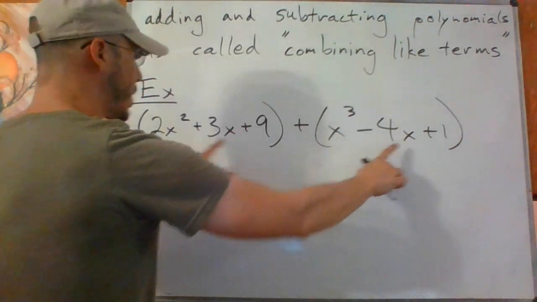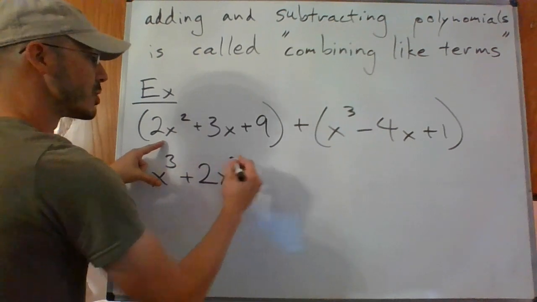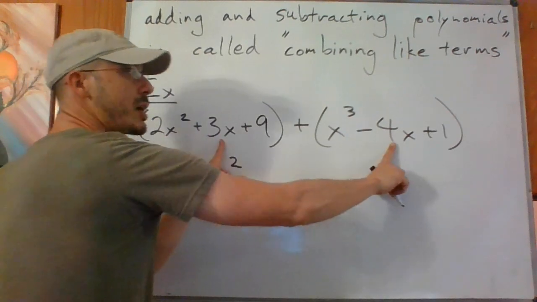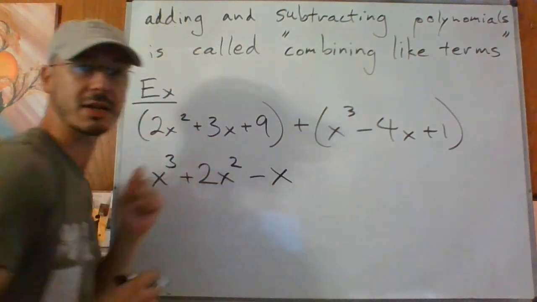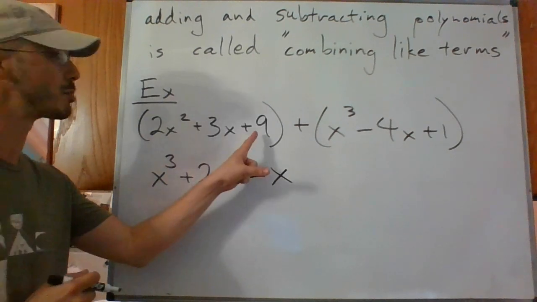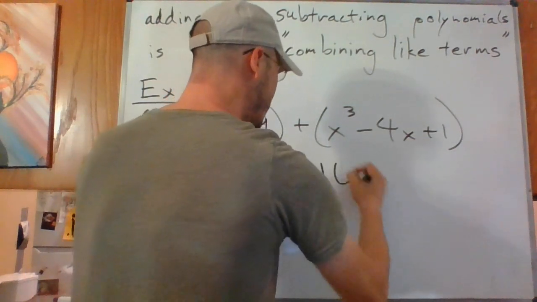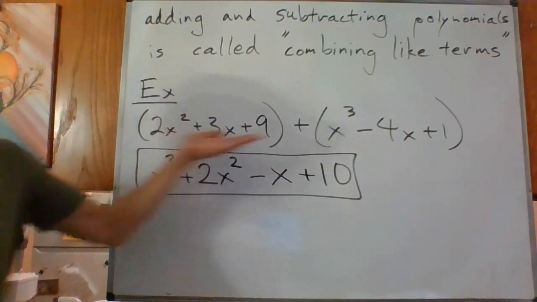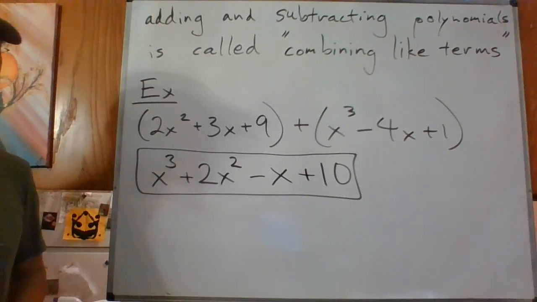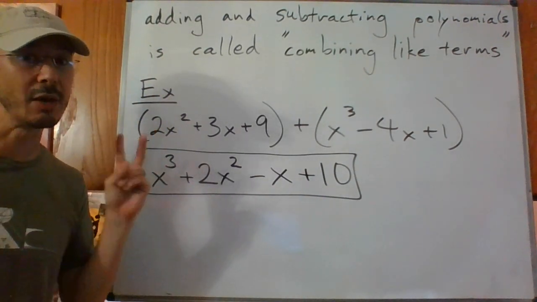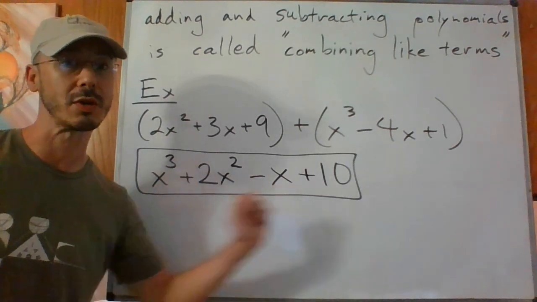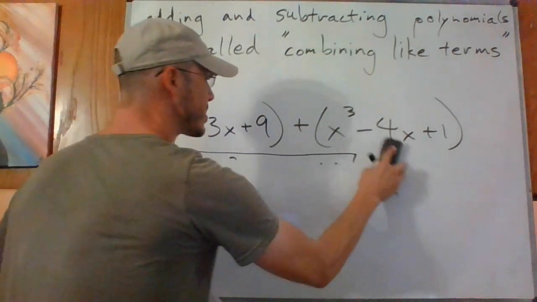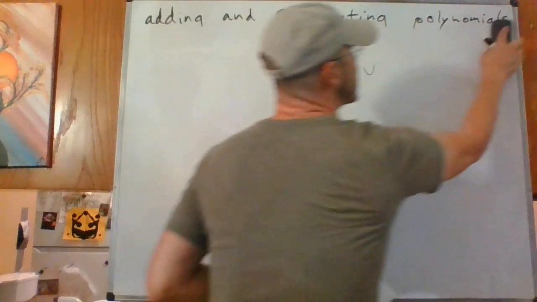Next, I'm going to look for x squared terms. There's a 2x squared, but that's the only x squared term. There are two x terms, so plus 3x minus 4x, that's minus 1x, or just minus x. And then finally, plus 9 plus 1 is plus 10, and that's the sum of these two polynomials. So we added together two trinomials, and we ended up with a polynomial with 4 terms. I'm going to clear some space for the next example so I don't have to scrunch it.